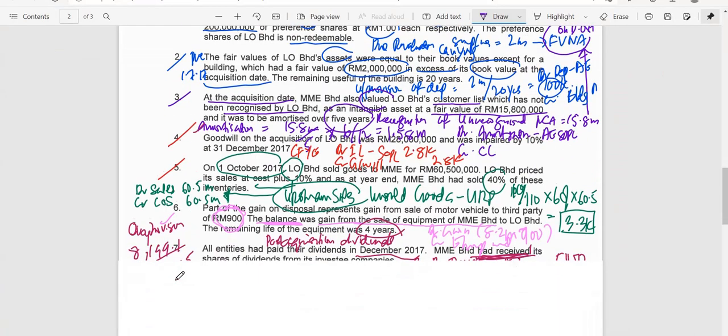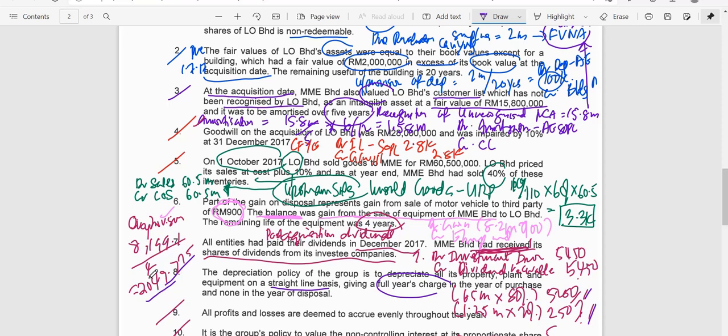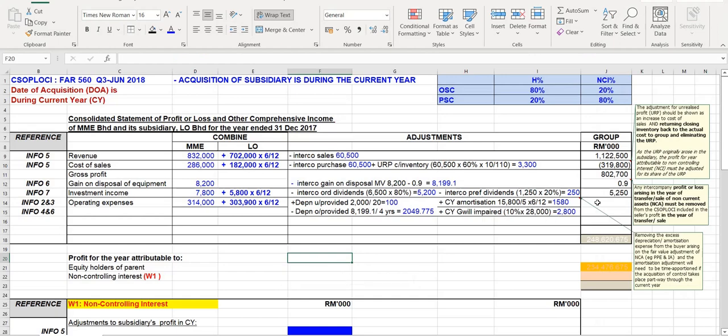You have this figure here. And the over provision is what you need to reduce the expenses, because you go and credit the expense, right? So you reduce it, so that is actually being deducted against the expense, since it has been over provided. So now you have the figure there for your item, which is the total operating expense.